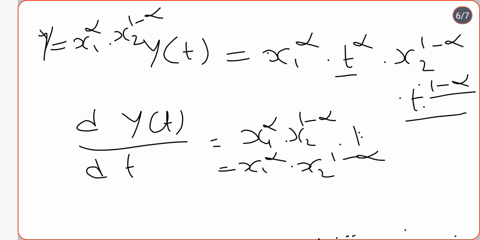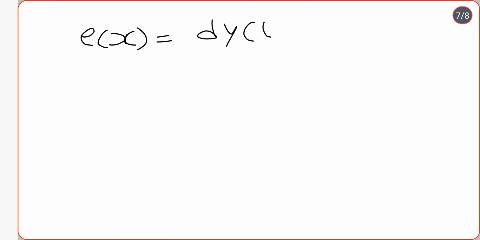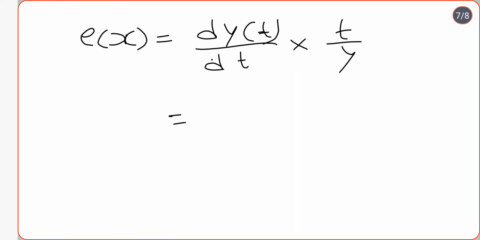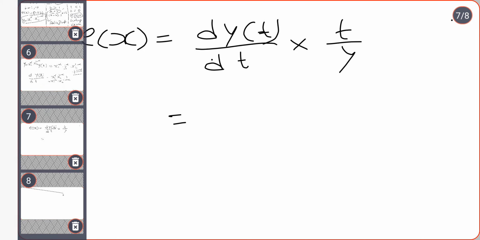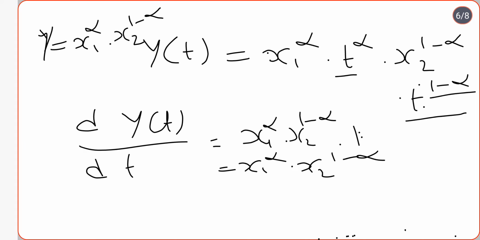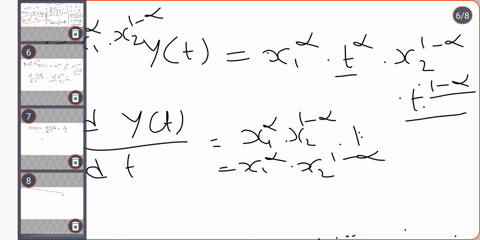Now if we try to write down the formula of elasticity of scale, then that is E is equal to the derivative of y of t with respect to t into t by y. So basically what we have obtained, the value of the derivative is x1 to the power alpha, x2 to the power 1 minus alpha.